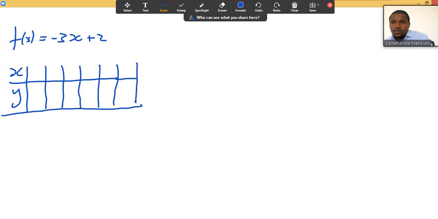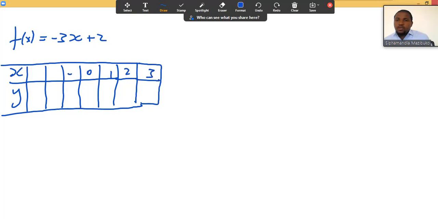Let's look quickly at our table. This is our table. We look at 0, 1, 2, 3, minus 1, minus 2, minus 3. Let's look at x is equal to 3.